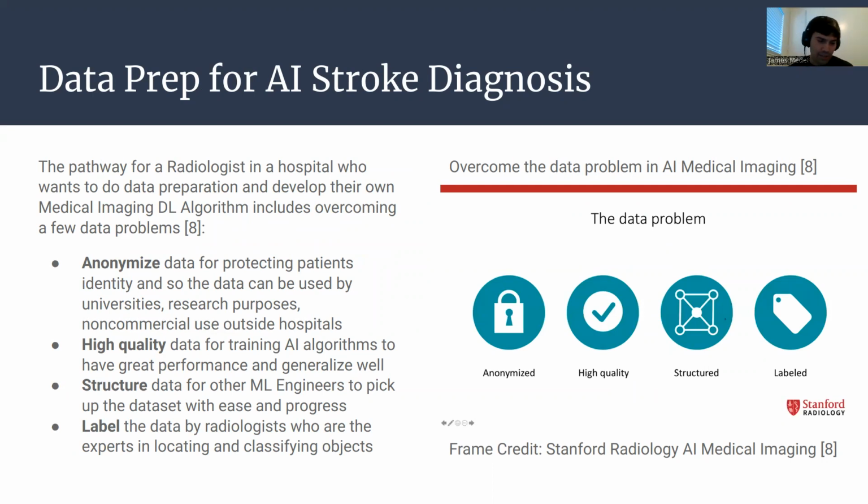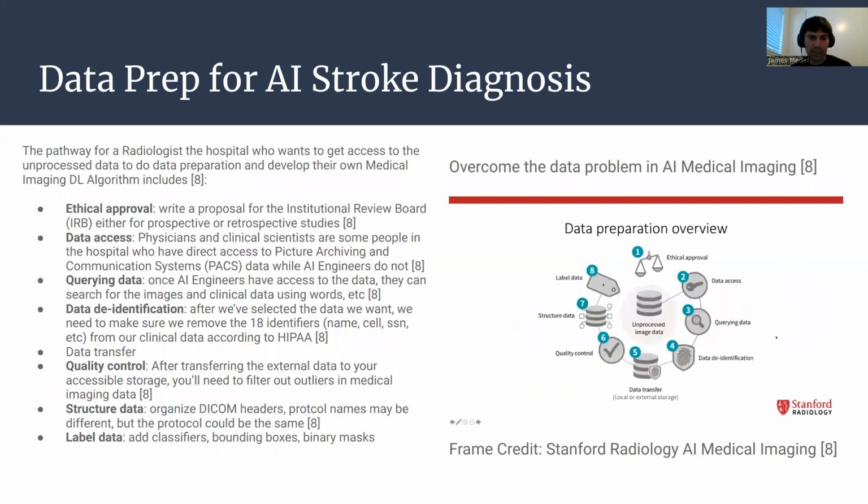But what would be time saving is if a few radiologists went through, say, even a subset of the large data set and did the labeling, so we had some annotated classifier labels, bounding boxes, or binary masks to go with our data to train the deep learning models. That would be very helpful.